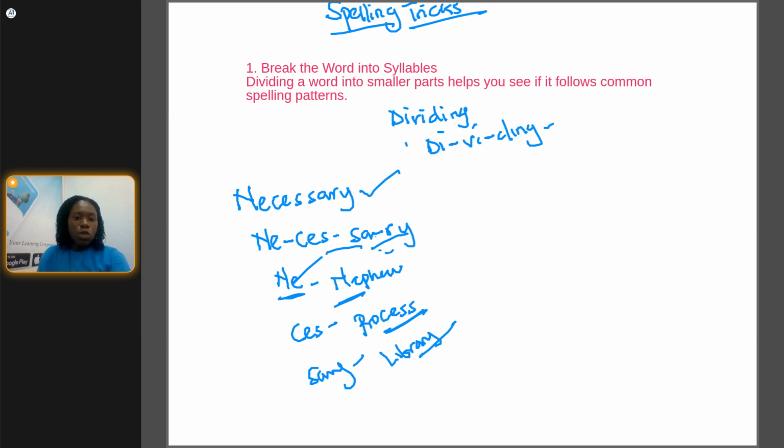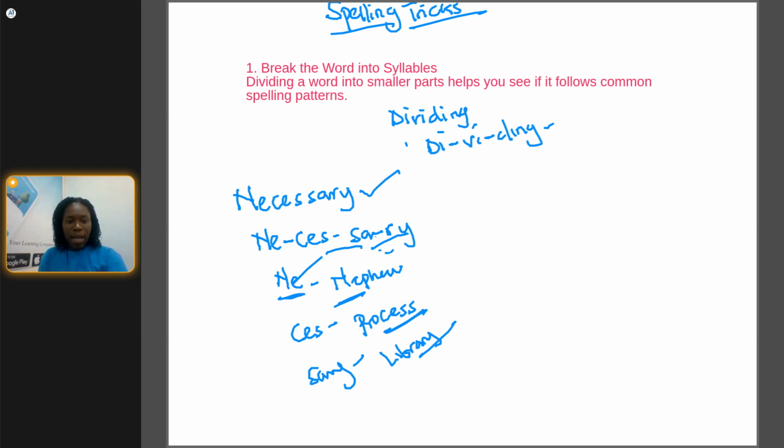But because we can find something after breaking it down to syllables, we have a common pattern with NE, a common pattern with CES or CESS, and a common pattern with ARY. So breaking down the syllables helps you to know whether the syllables follow a common pattern, which you can also follow to determine your correct spelling.